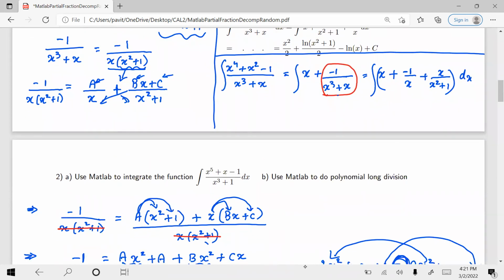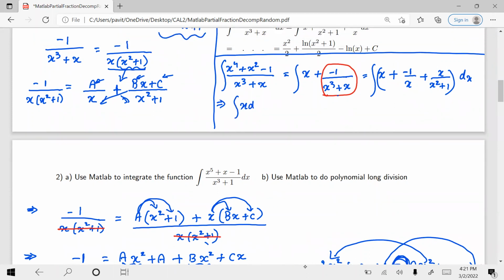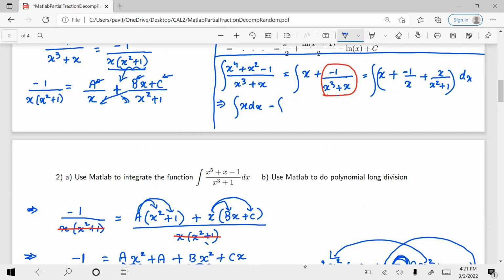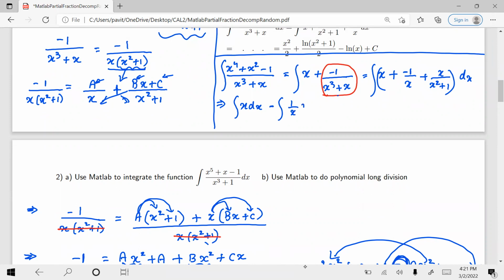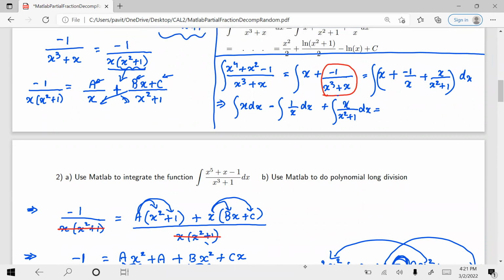Now all you have to do is integrate the whole function. So this, you can take it as x dx. You can keep minus outside and write it as 1 over x dx plus x divided by x square plus 1 into dx. So what is integral of x?